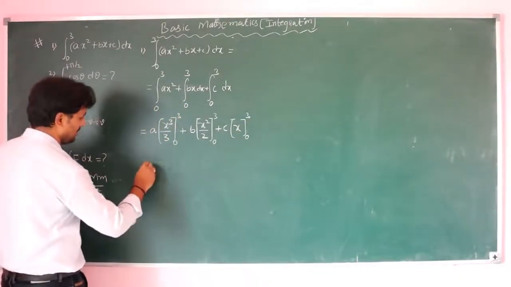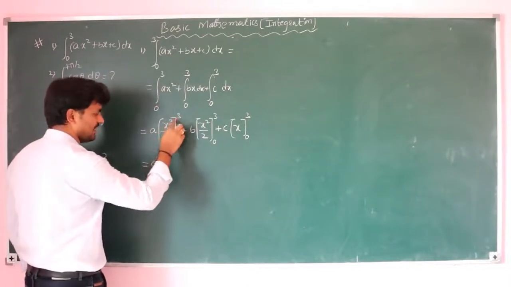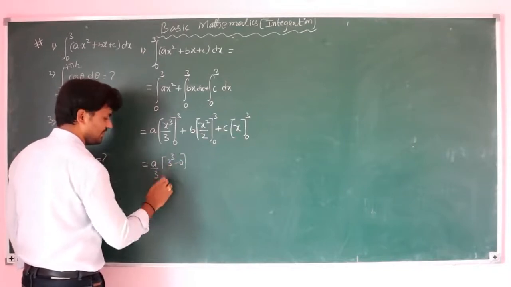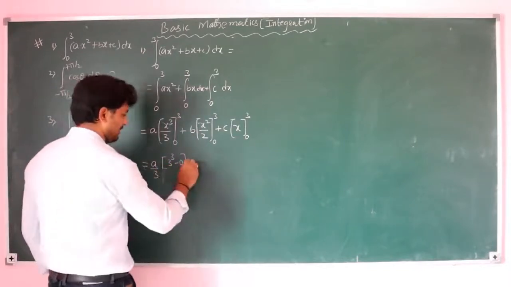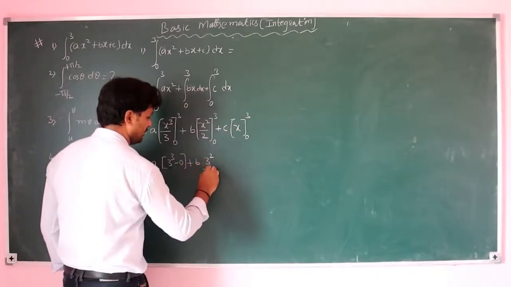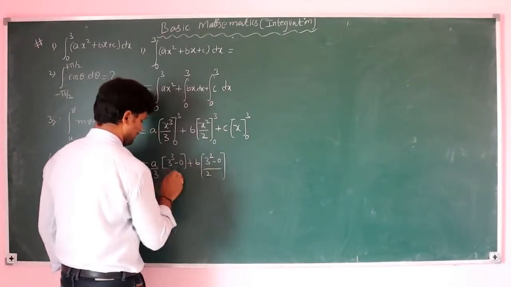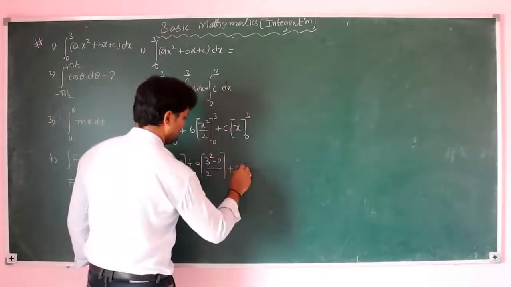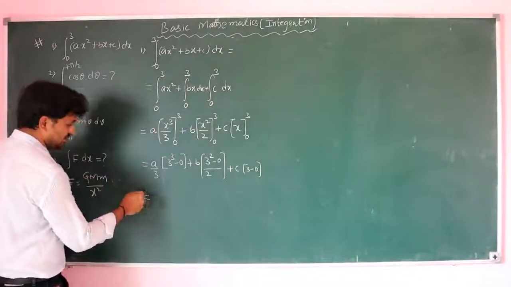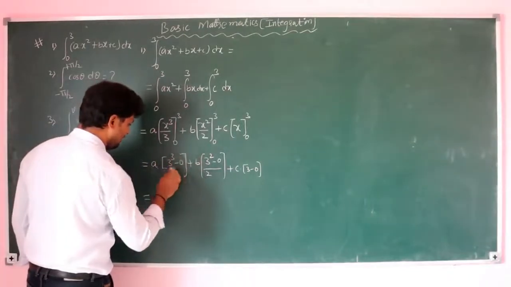So see here, a into, means a by 3 you can write, upper limit 3 cube minus 0 cube, no need to mention 0, plus b into 3 square by 2 minus 0, plus c into 3 minus 0. Next simplify here. Once again see what I did here.